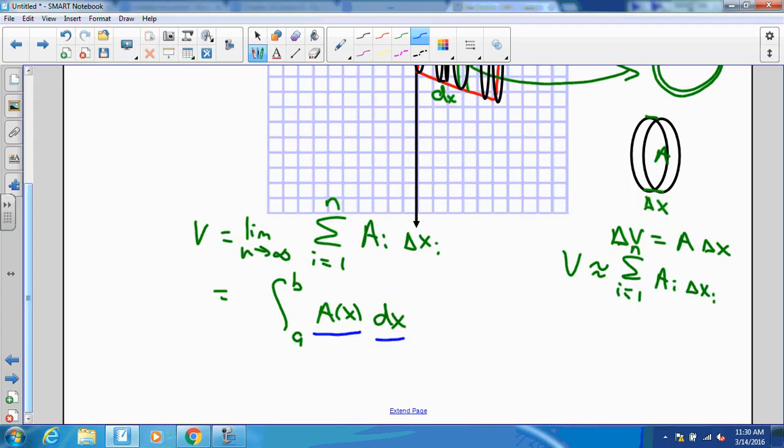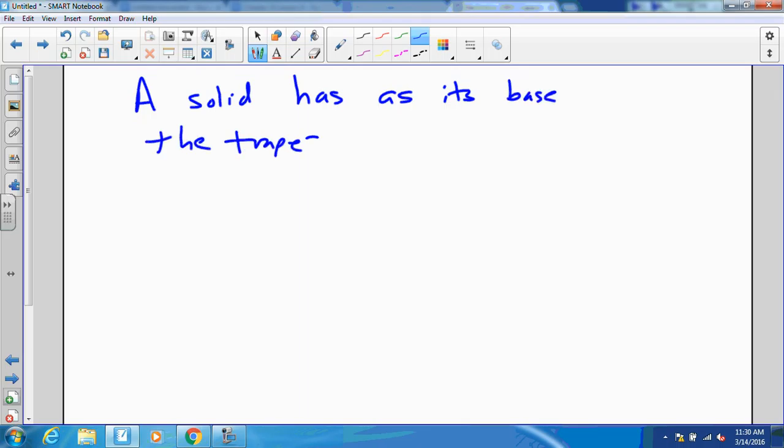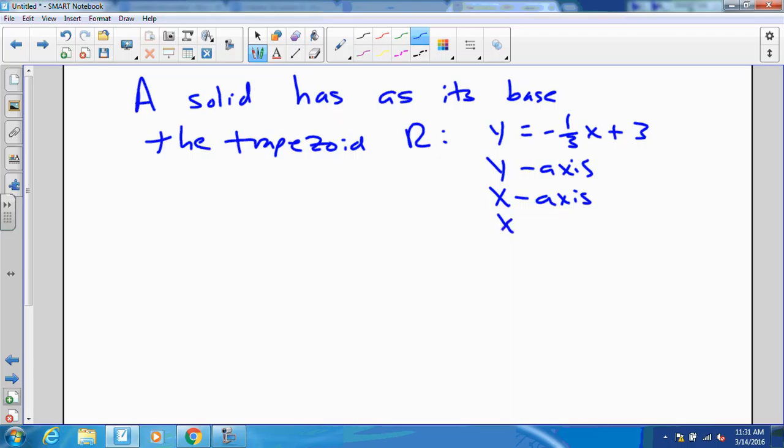Okay? Now let's do this in this way. The way these problems are usually posed is like this. A solid has, as its base, the trapezoid defined by y equals negative 1/3 x plus 3, the y-axis, the x-axis, and the line x equals 3. This is the base.